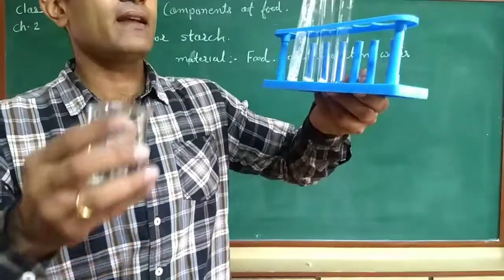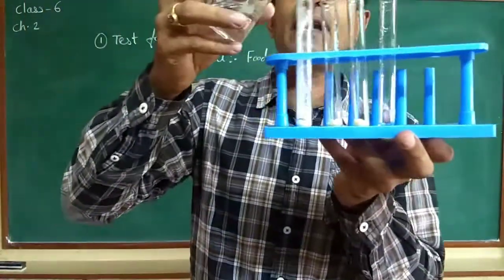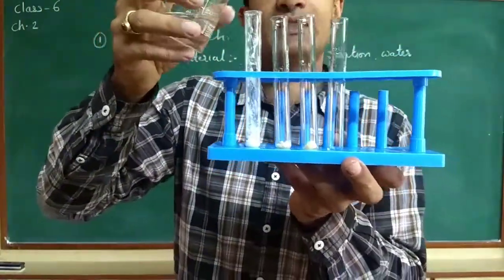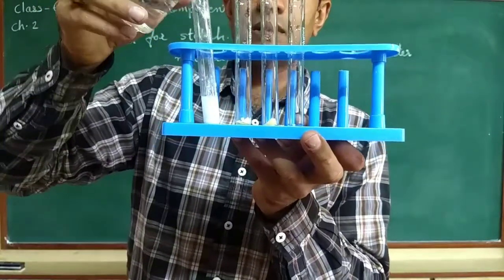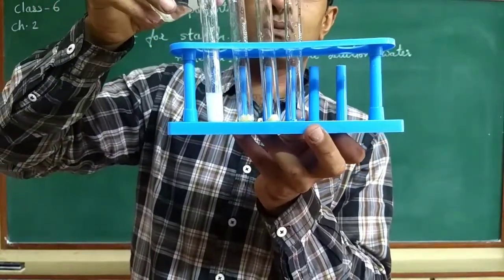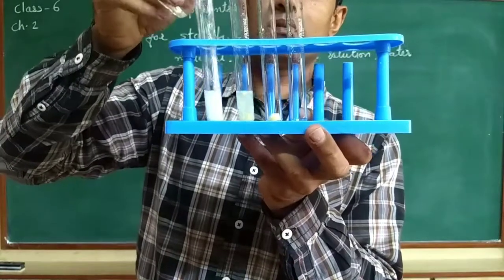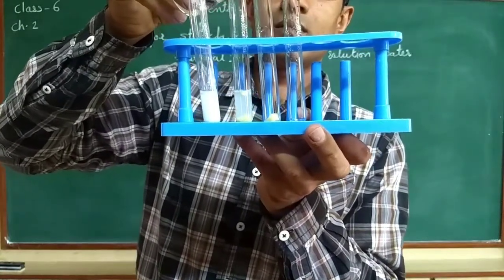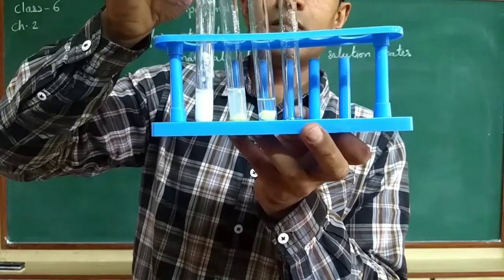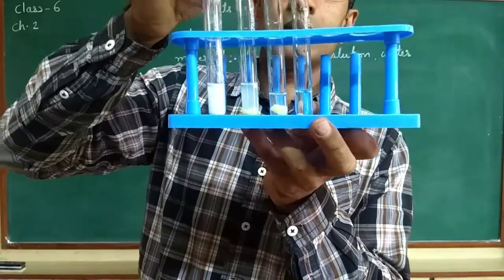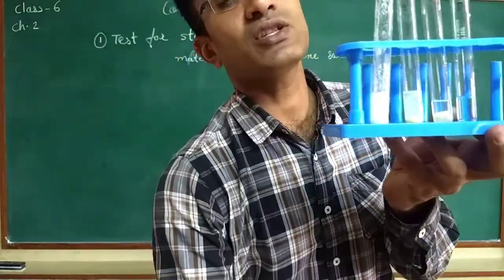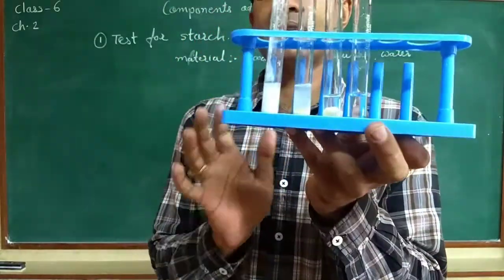We will add some water in these so that our food material gets mixed with it. Here we can smash the potato, but I have kept it as it is.